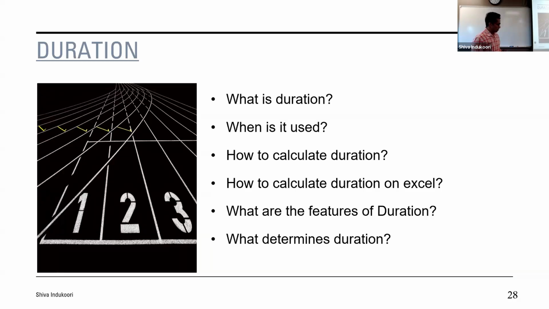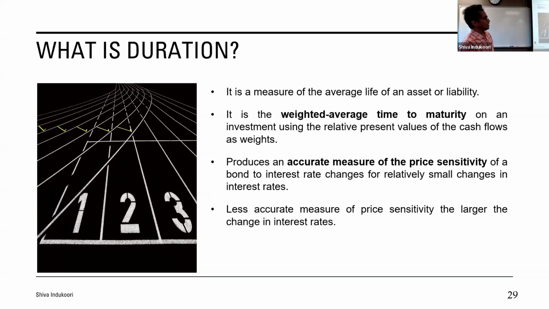Okay. So let us see one after the other. Say a bond is 10 years. Corporate bond has a 10 years maturity period. When you calculate its duration, obviously it will be less than 10 years. So the flat rule is duration lies between 0 to maturity period of the bond.